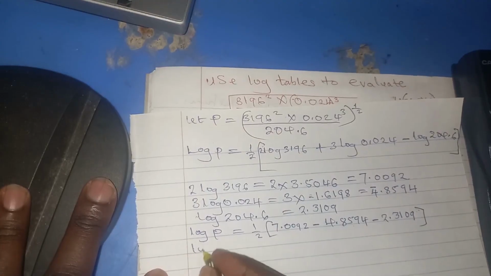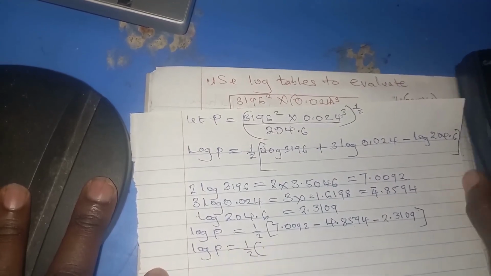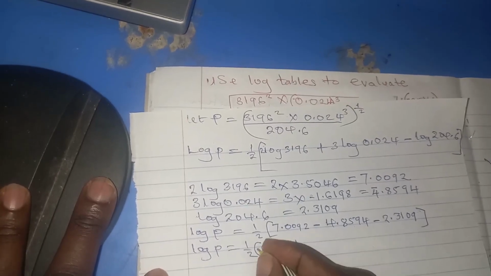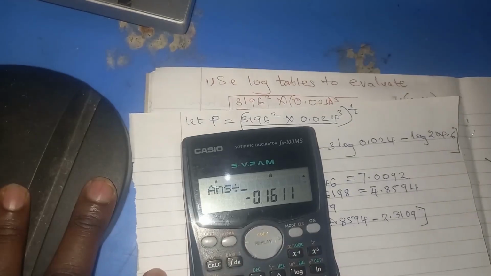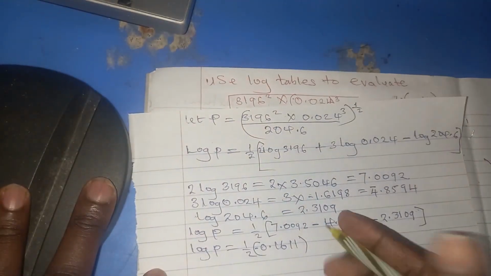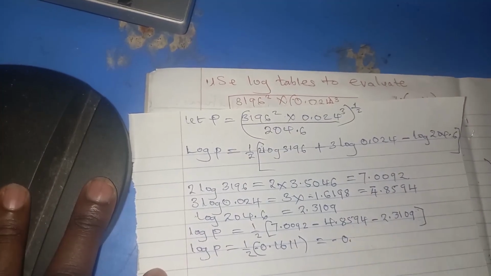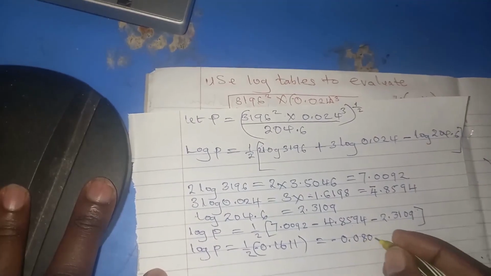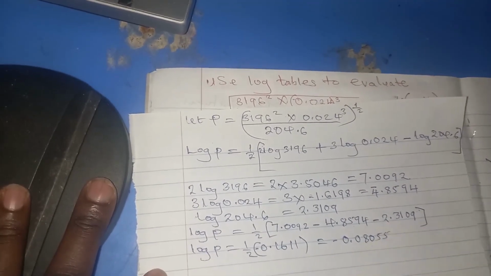So log P is equal to half of negative 0.1611, which when I divide by 2 gives me negative 0.08055.